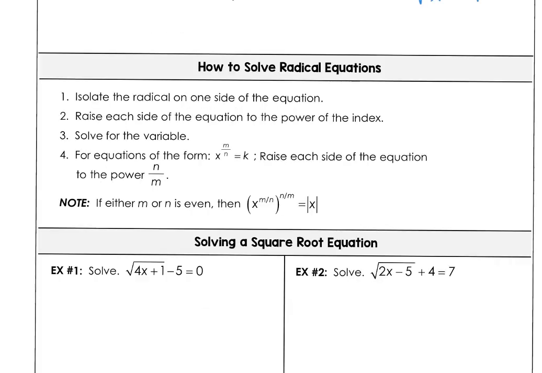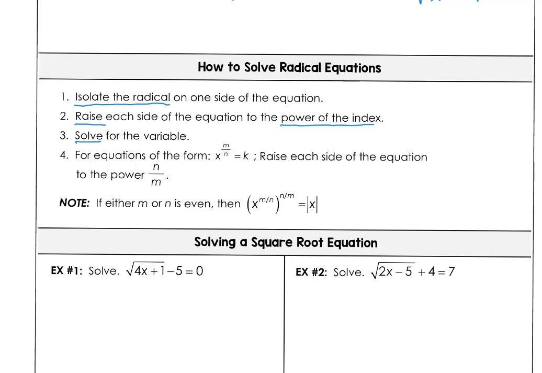Here you see an organized list of steps for how to solve radical equations. First, we want to isolate the radical to one side of the equation, and then we want to raise the equation on both sides to the power of the index, and then next we would solve for the variable.